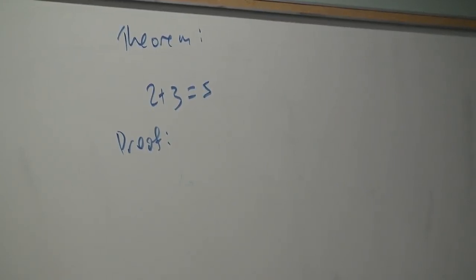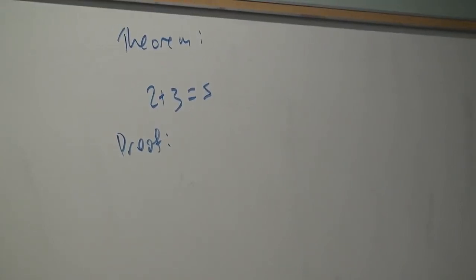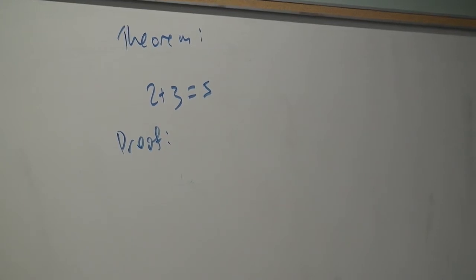Let me start this way. 1 successor plus 1 successor successor. That's what we're looking at, right? But what we're going to do is this 1 successor successor, you can apply property alpha in reverse. Property alpha says that if you have a successor, you can write it as x plus 1. And here we have a successor, don't we?